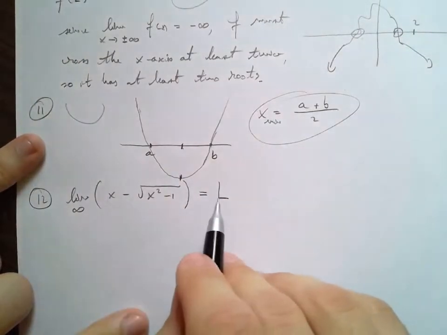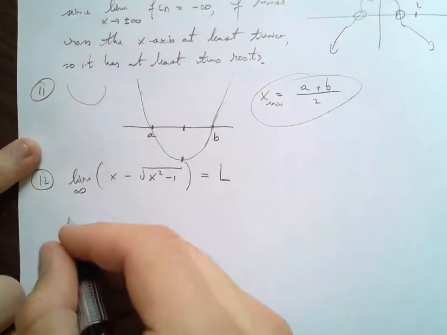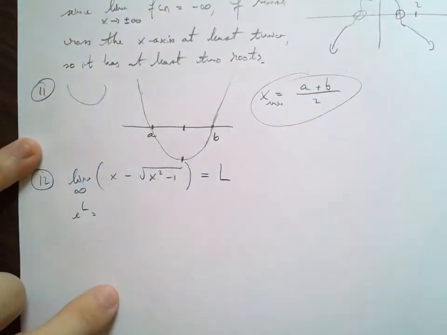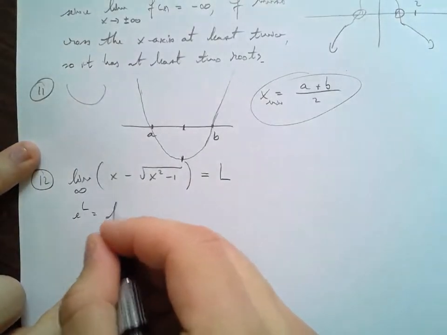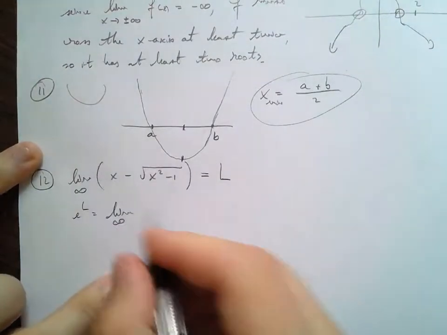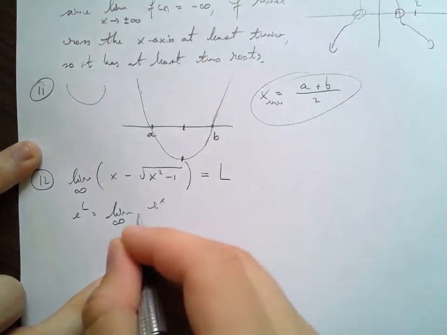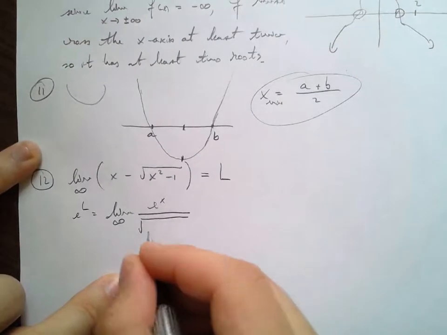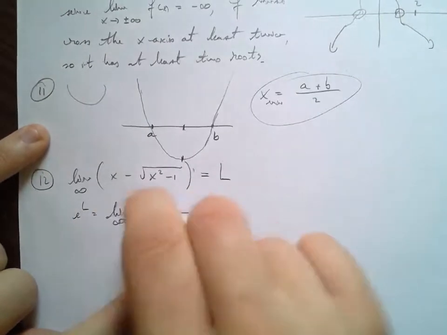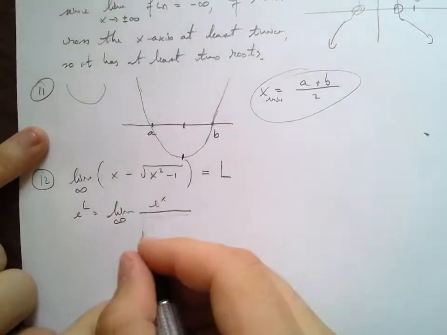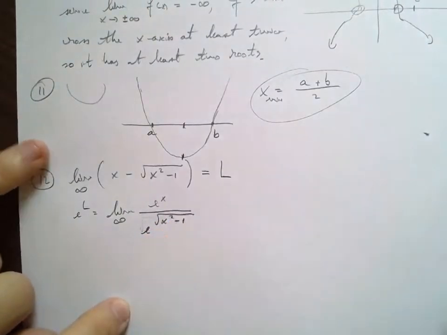I'm going to call this limit, if it were to exist, the letter L, and I'm going to say e to the L is going to be the limit at infinity of e to the x on top divided by e to the square root of x squared minus 1.